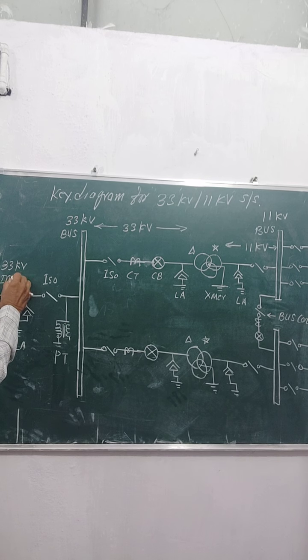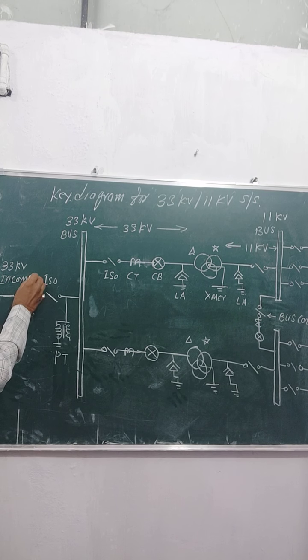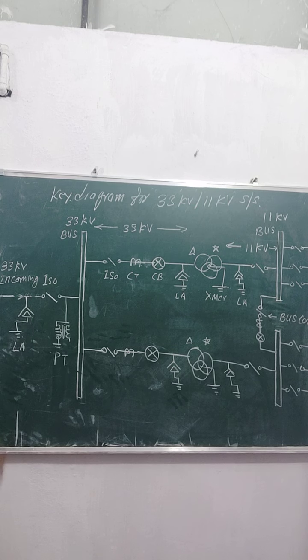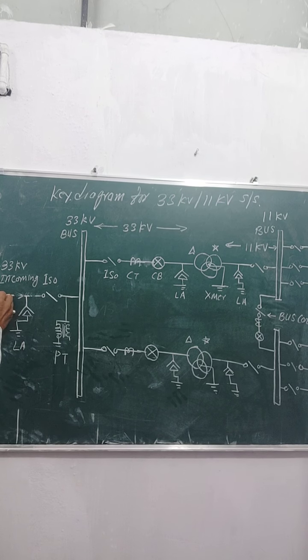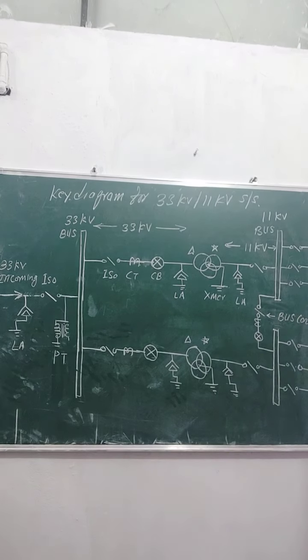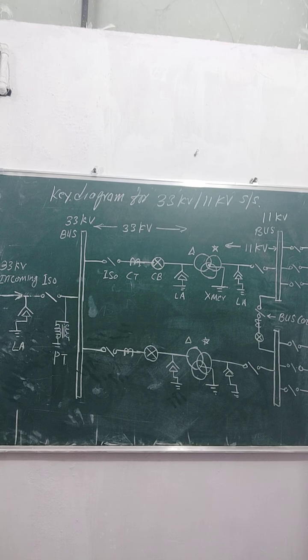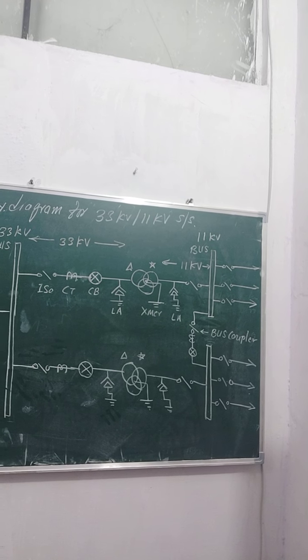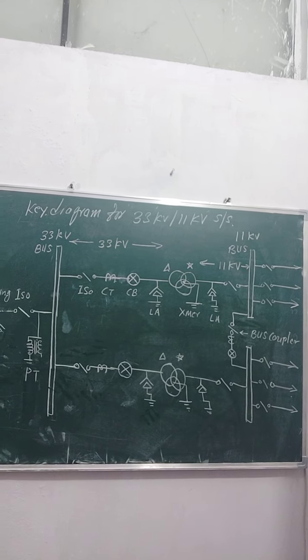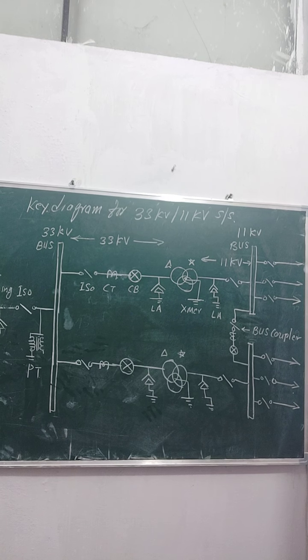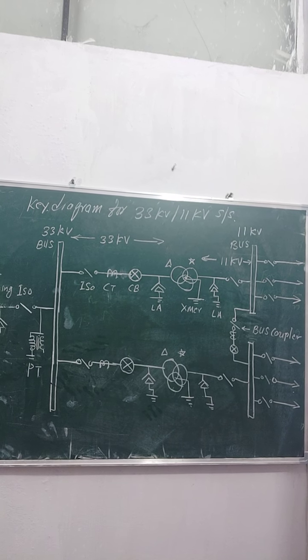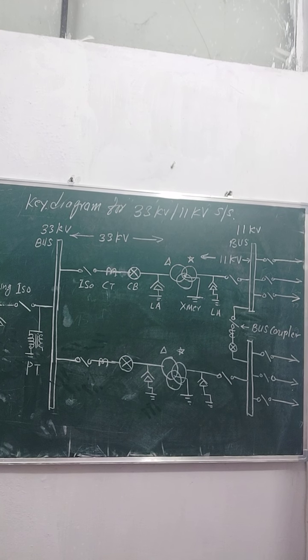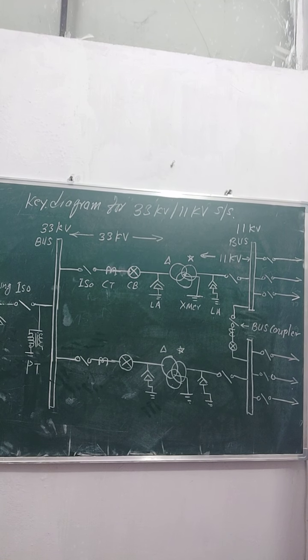So one feeder is incoming from here, and it is the 33 kV bus bar, and then the remaining connections are there. There are 2 bus bars on the 11 kV side. From each bus bar we take 3 outgoing feeders. So total outgoing feeders are 6.